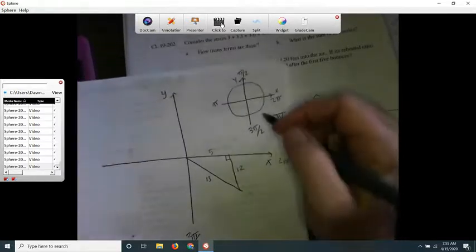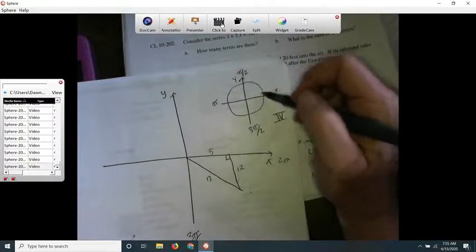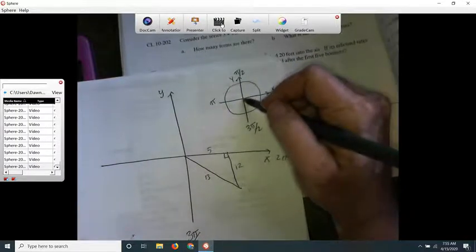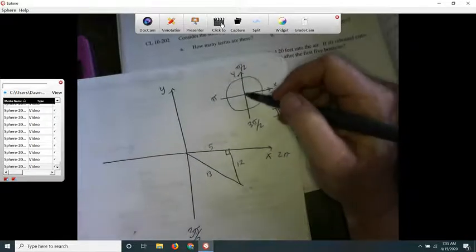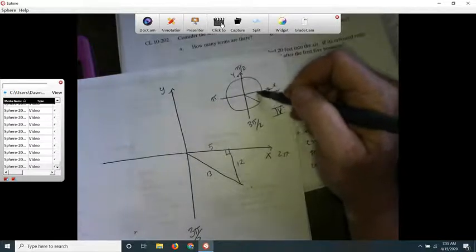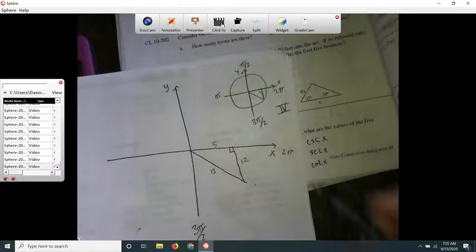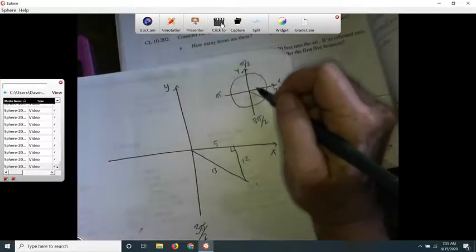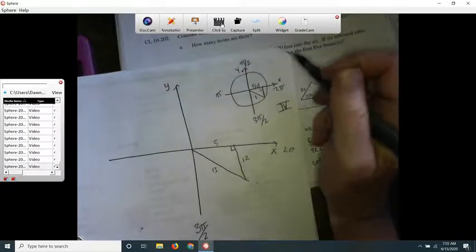If it was 1, it'd be here or here. So cosine, remember cosine is the x value. So what is 5/13? It's a little less than half, I guess. So maybe I didn't draw it. So this would be like 5/13 over 1. That could be where cosine is 5/13.